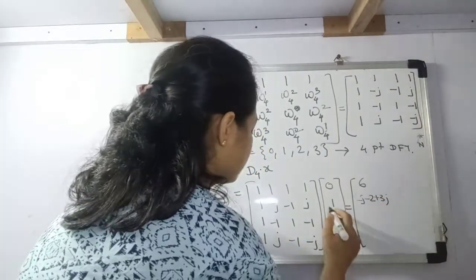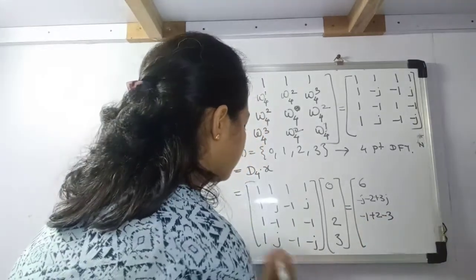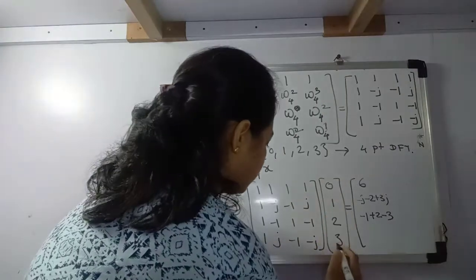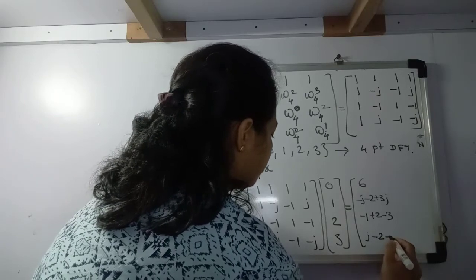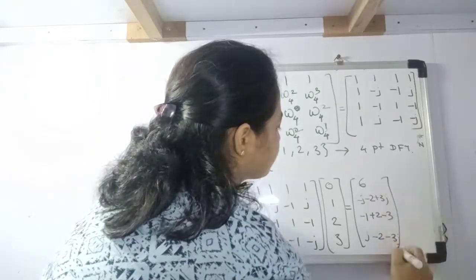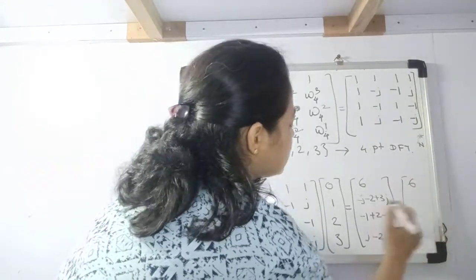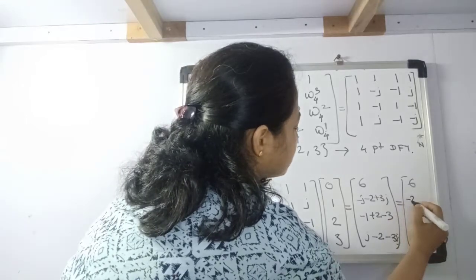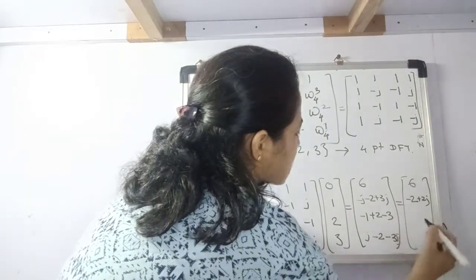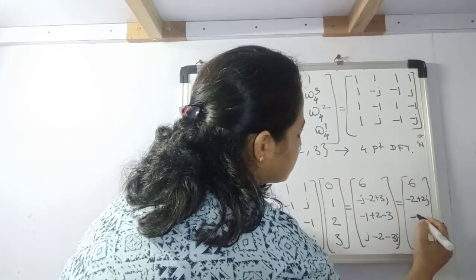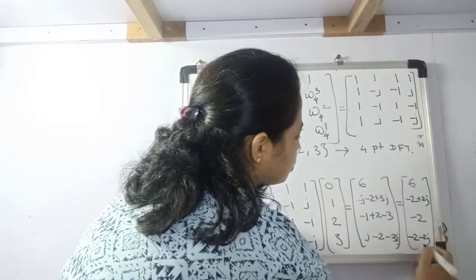Now in the last row, minus 1 plus 2 minus 3 multiplied by this column, j minus 2 minus 3j. So the final result is 6, minus 2 plus 2j, and the last one becomes minus 2, minus 2j.